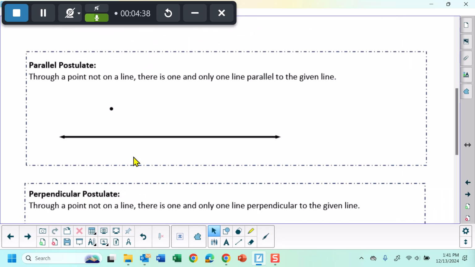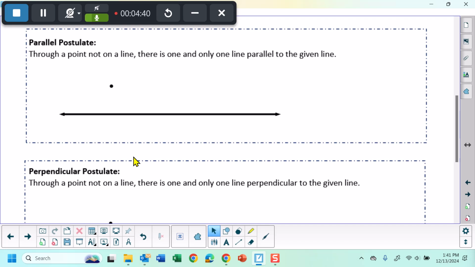But what I want to focus on is these pages here where we talk about our parallel postulate and our perpendicular postulate. I want you to think about this: when we all go to draw a parallel and perpendicular line through this point to this line, we are all going to draw exactly the same identical line individually, because what this postulate says is that through a point not on a line, there is exactly one line that you can draw that is parallel to the given line.